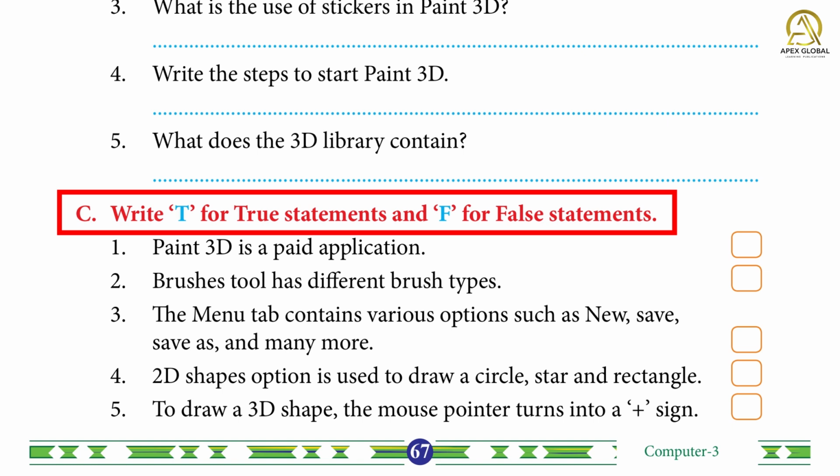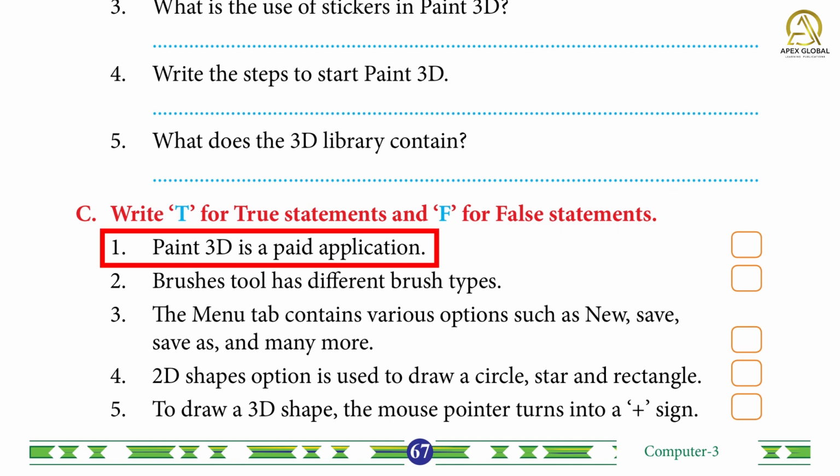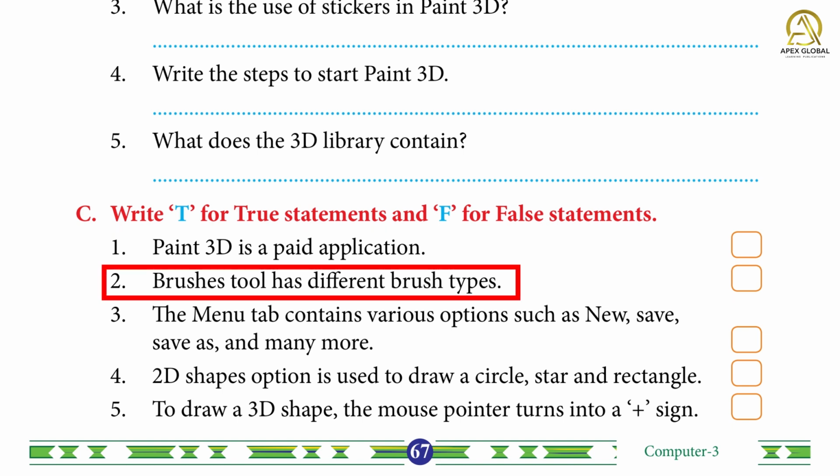C. Write T for true statements and F for false statements. 1. Paint 3D is a paid application. Answer: false. 2. The brushes tool has different brush types. Answer: true. 3.